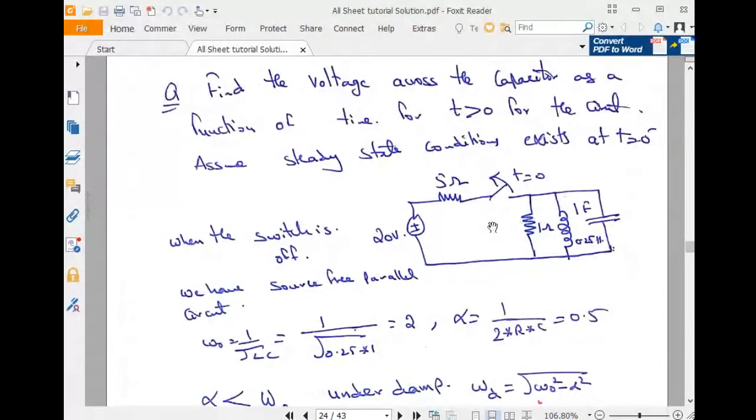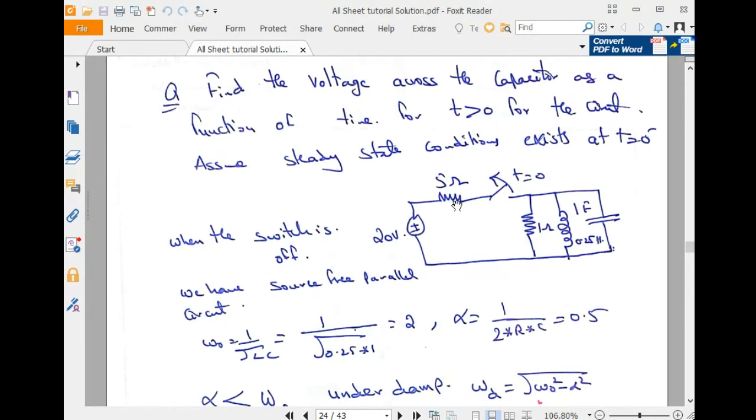Now when t is less than 0, this circuit is connected and this inductor becomes a short circuit, the capacitance becomes an open circuit, and the 1 ohm resistance will be present, but the whole current will pass through the inductor.